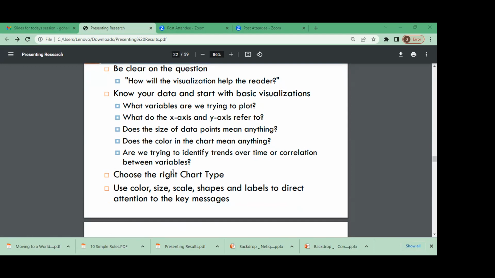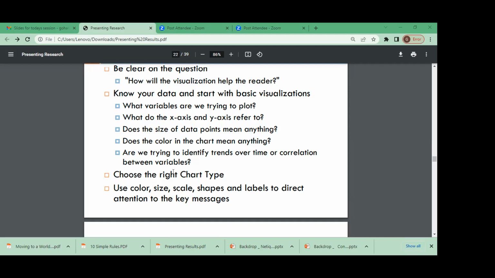A lot of people don't get really impressed with the difficult statistical analysis that you have performed or the very complex visualization you have presented. Please know this, that your chart should be attractive, but it should be informative as well. Start with a basic visualization, simple graphs, and then go ahead.